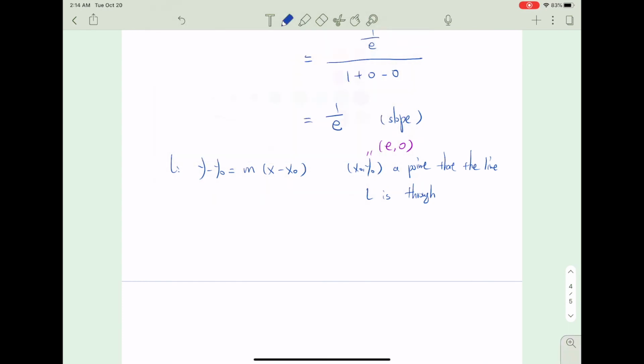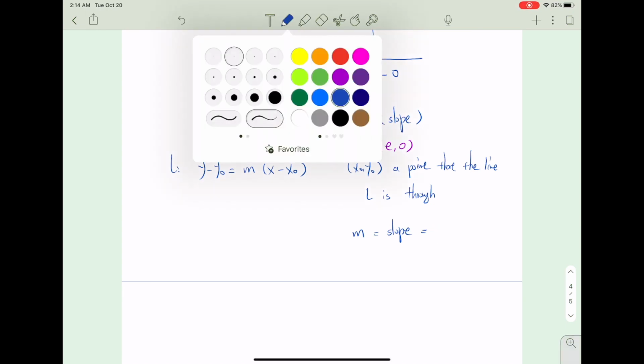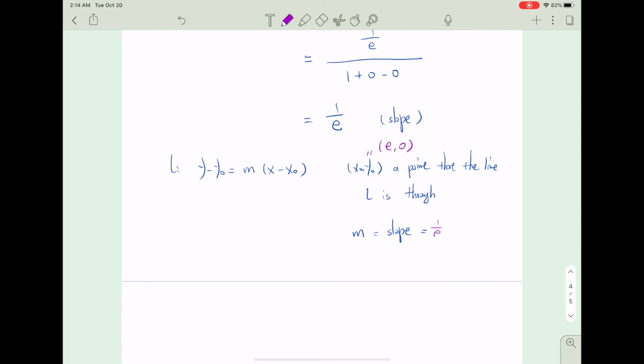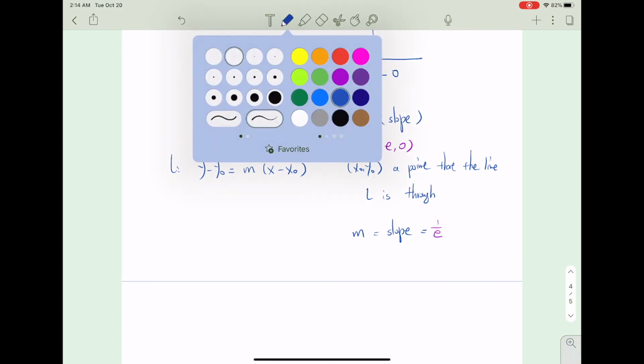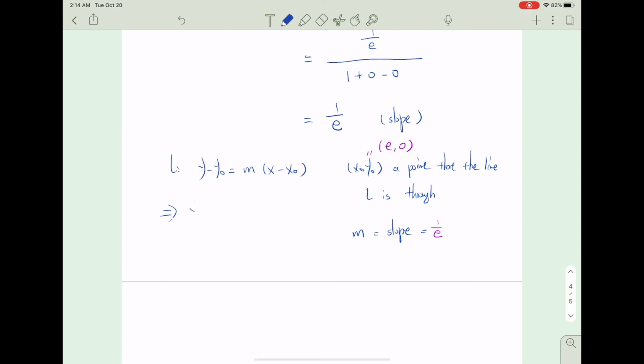And also we have this slope m equal to 1 over e. Now we have everything ready. Just plug into the equation. So we have y minus y0, which is 0, equal to m, our slope 1 over e, times (x minus x0), which is e.